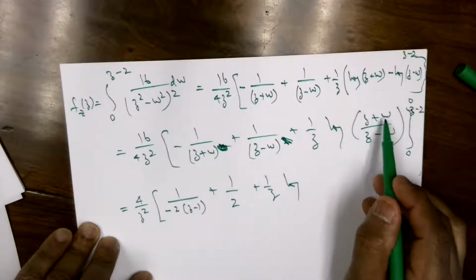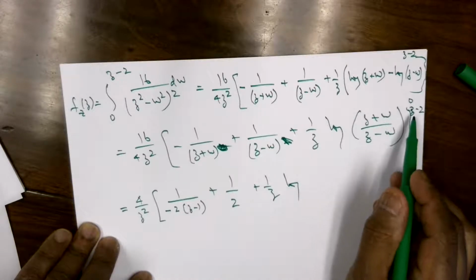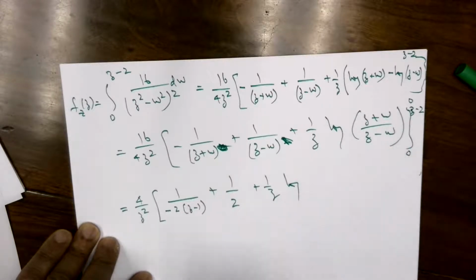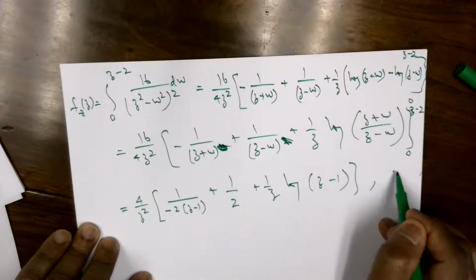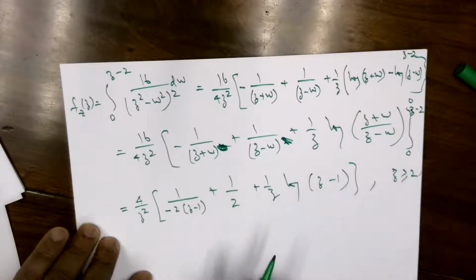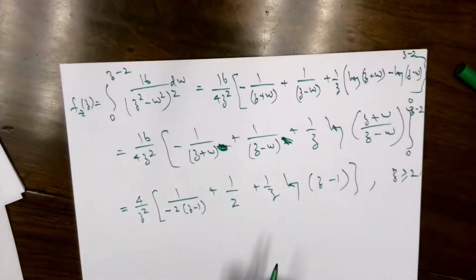So that is 2 multiplied by z minus 1. Here z minus 2, here just 2 cancel, so it's z minus 1. And z is of course greater than or equal to 2 from the original one.